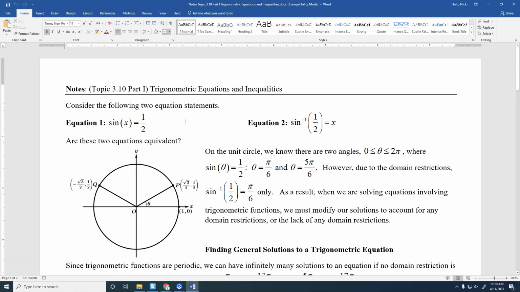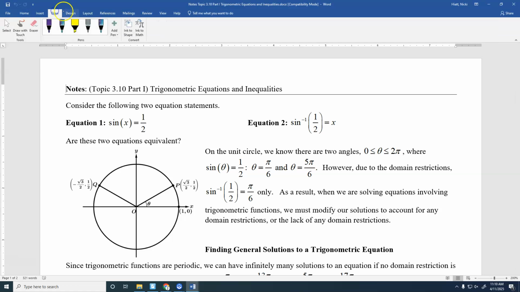These two are related, but they're not necessarily equivalent because this sine inverse has a restricted domain. But we have lots of places where sine x equals 1/2, right? So depending on the context of the problem, sometimes you might want multiple answers.